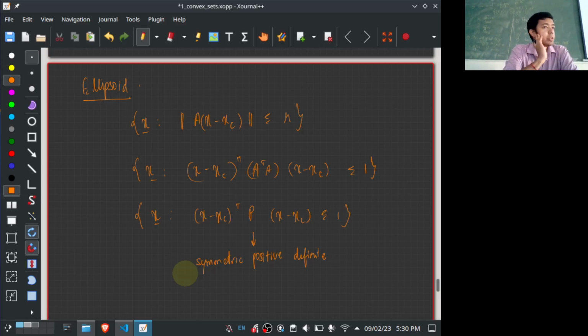We agree? And is it positive definite? Is it positive semi-definite?